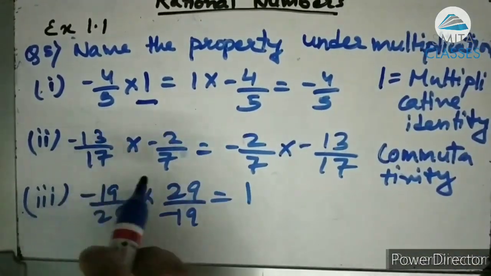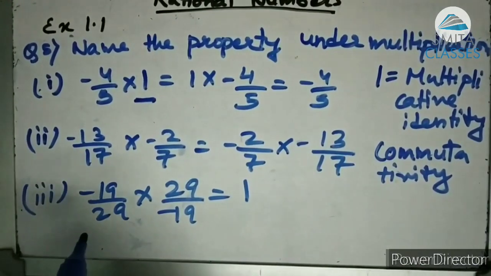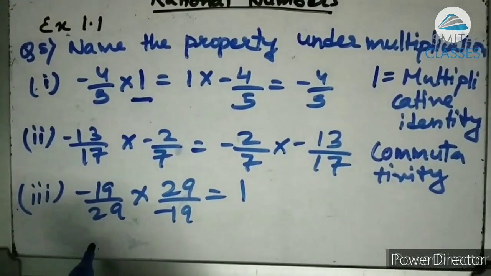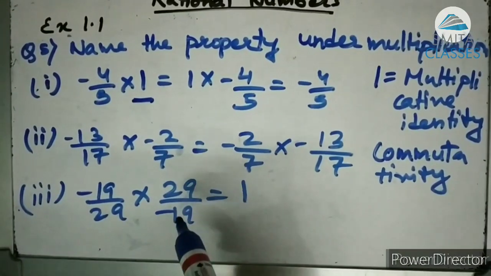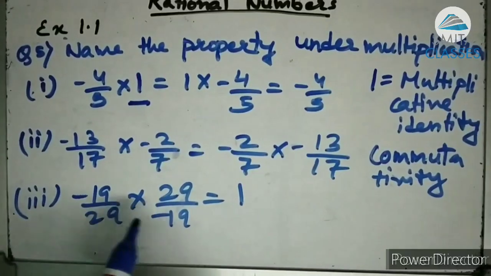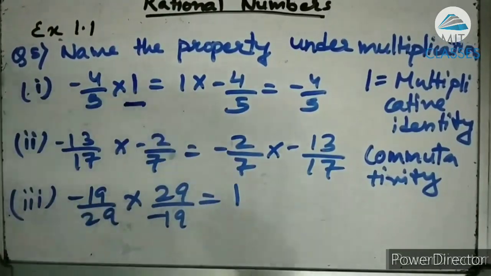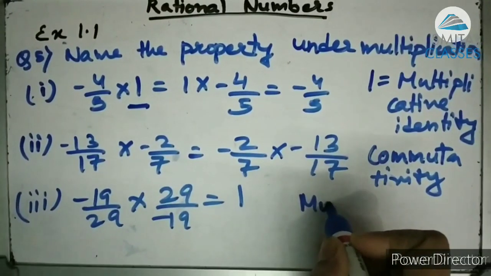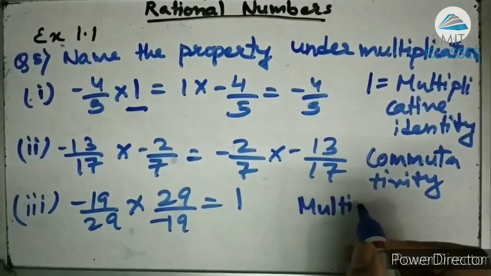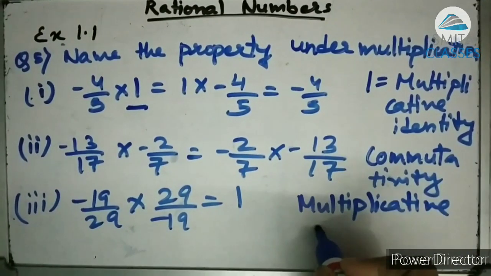A into B is equal to B into A. In the third part I see that minus 19 by 29 is multiplied by 29 by minus 19. I get the answer 1. Here we can see both the reciprocals are being multiplied with each other. So here they are using the multiplicative inverse.